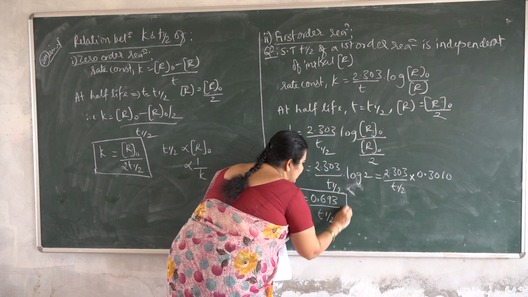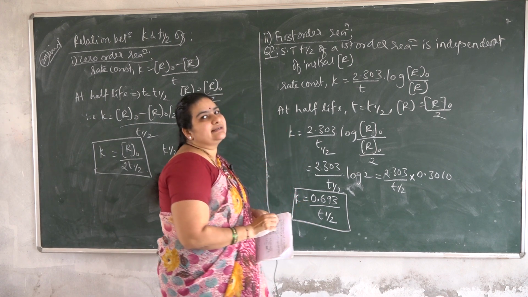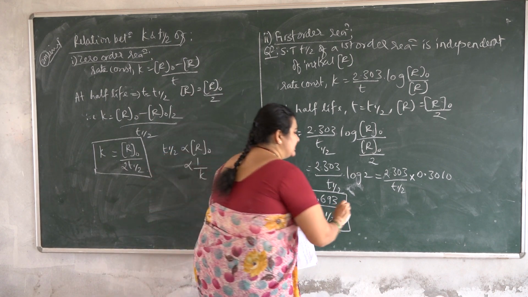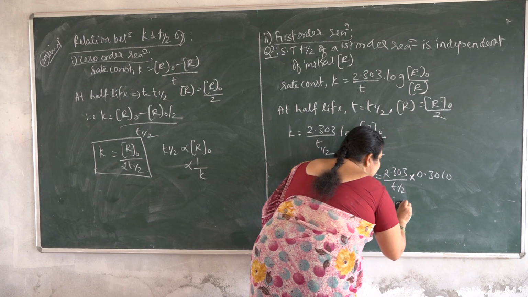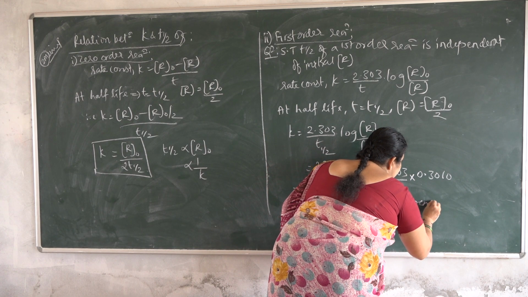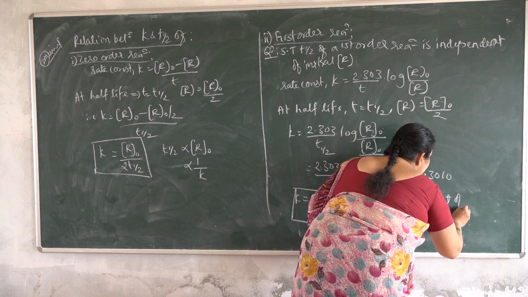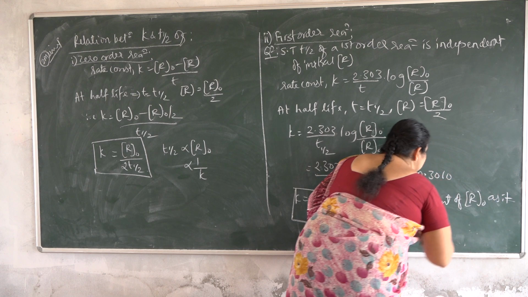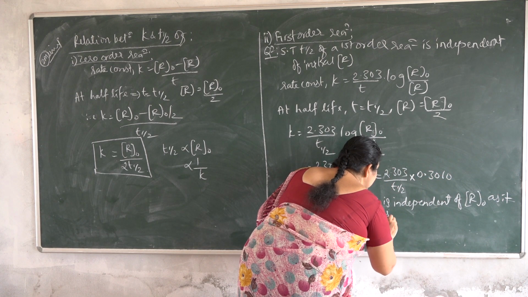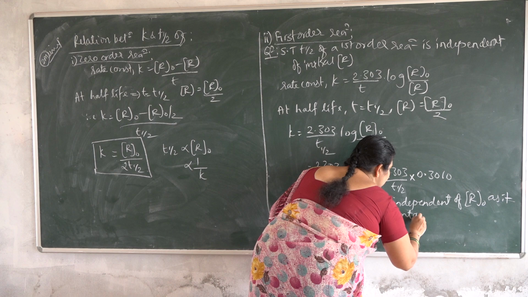This is the relation between t half and the rate constant of the reaction. That is, t half is independent of the concentration [R]₀, as it does not contain the term.